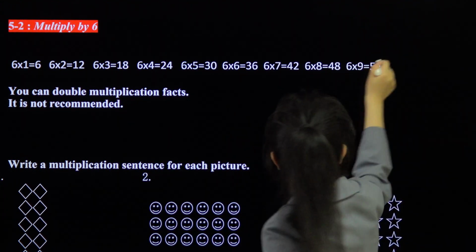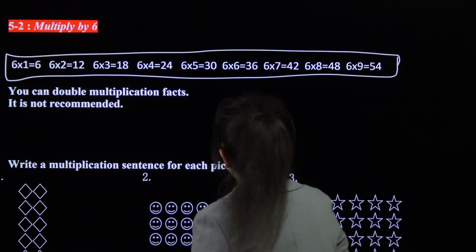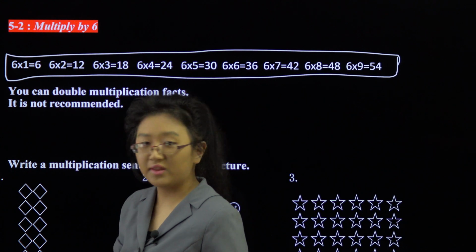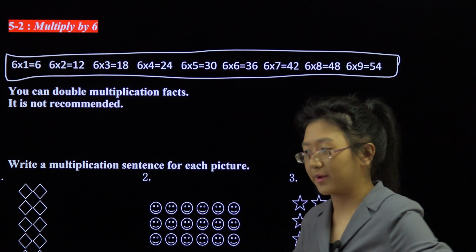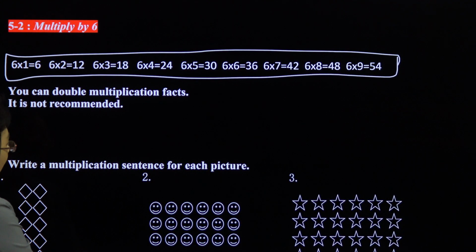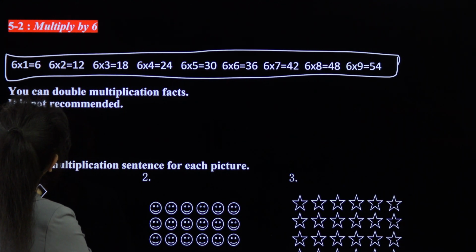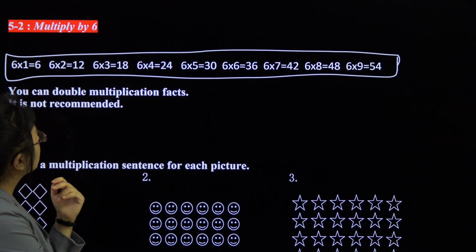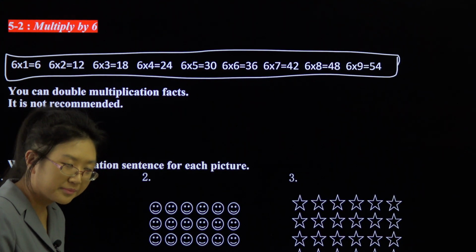This is the 6th part of the multiplication table, or the times table. Now you can double multiplication facts, but it's not recommended. For example, you can say 6 times 3 is like 3 times 3 plus 3 times 3.